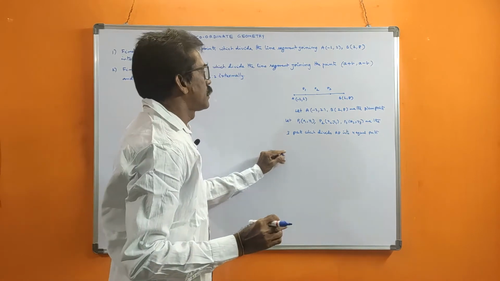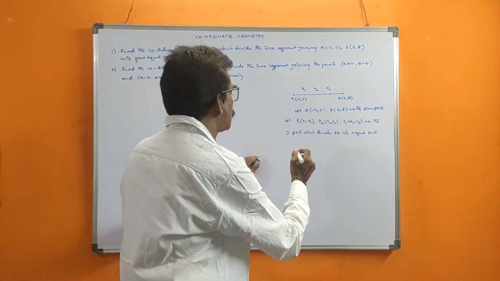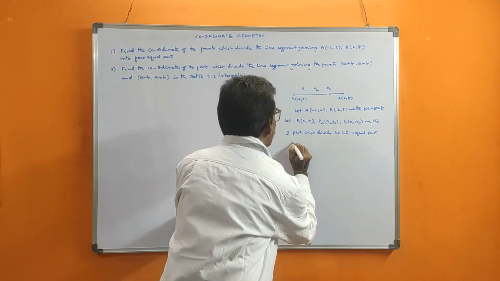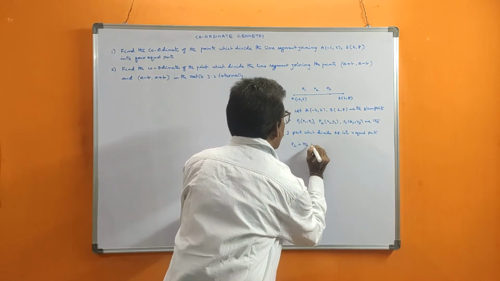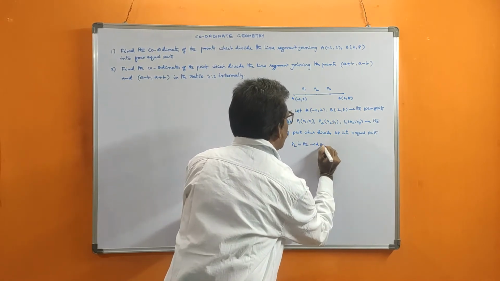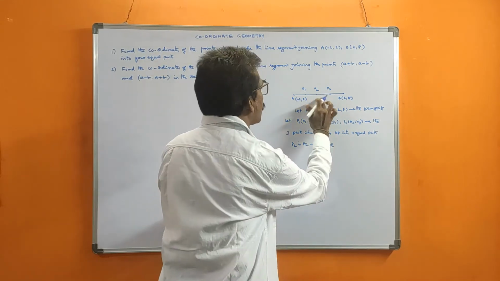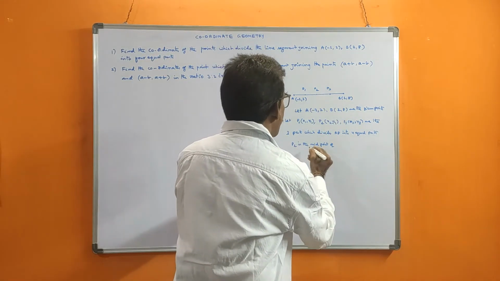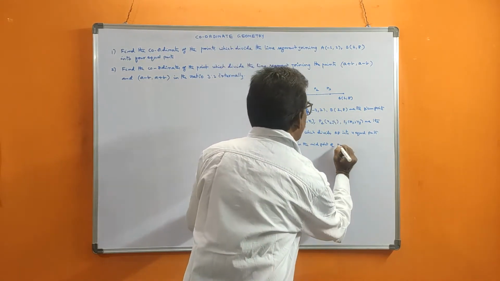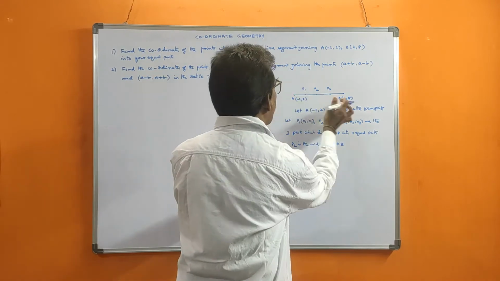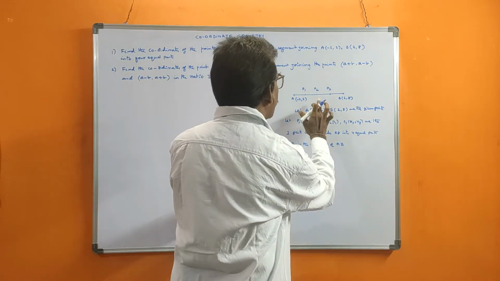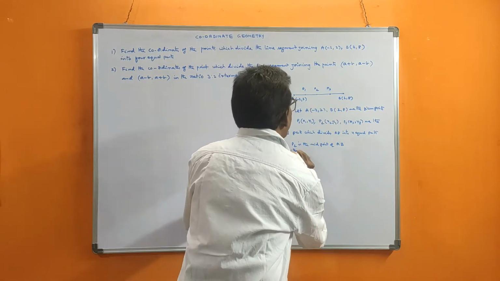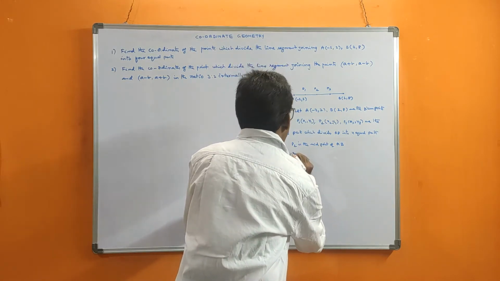Because they are dividing it into 4 equal parts, we know the conditions. What are the conditions? First P2, because the points A and B are already given, that's why P2 first. Then only you can find the others. P2 is the midpoint of AB.